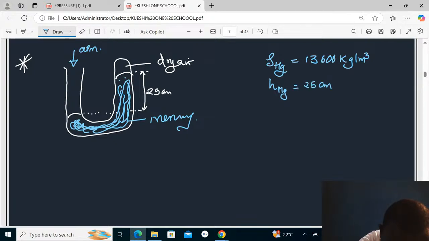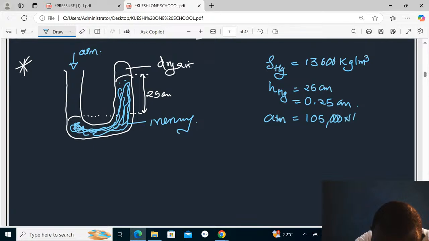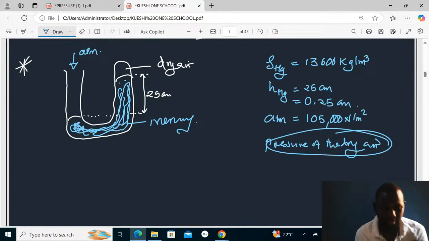We convert this one into SI units, which is 0.25 meters. And then now we estimate that our atmospheric pressure to be 105,000 newtons per meter squared, like that. Then now you be asked, what will be the pressure of the dry air?